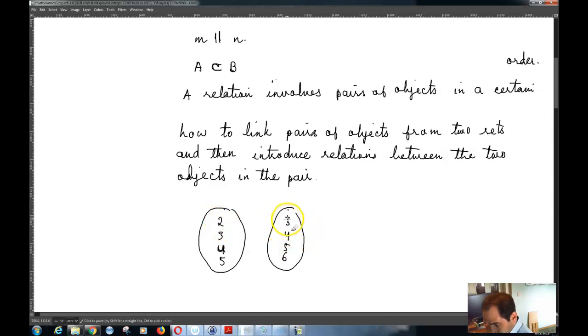A pair of objects from these two sets would be 2 and 3. Over here you have 3 and 4, over here 4 and 5, and over here 5 and 6. So these are pairs of objects from these two sets.